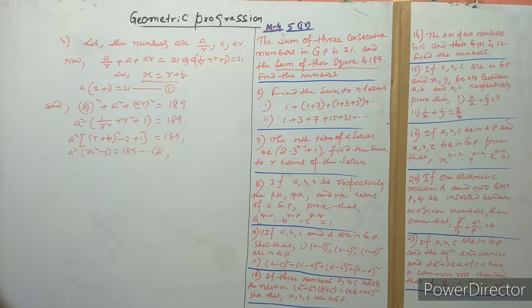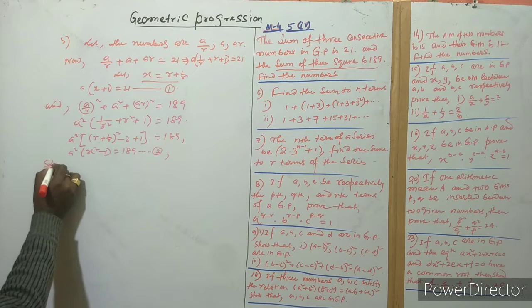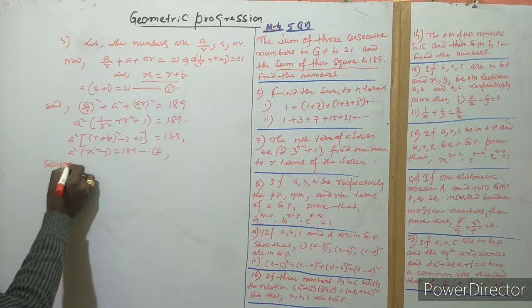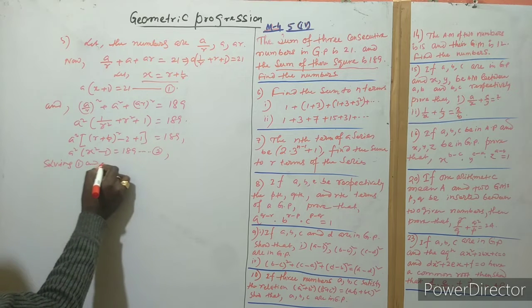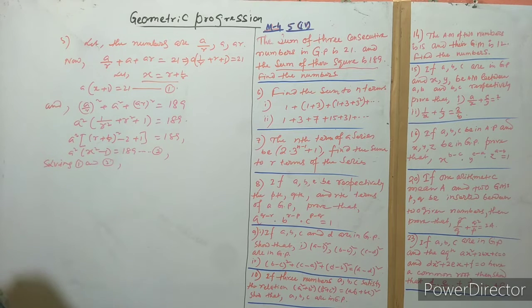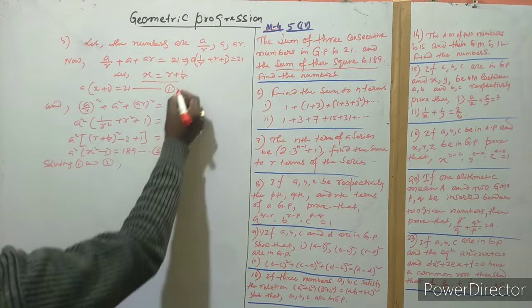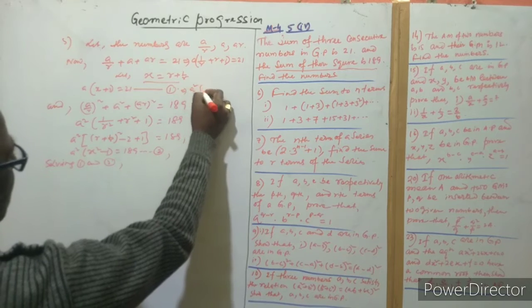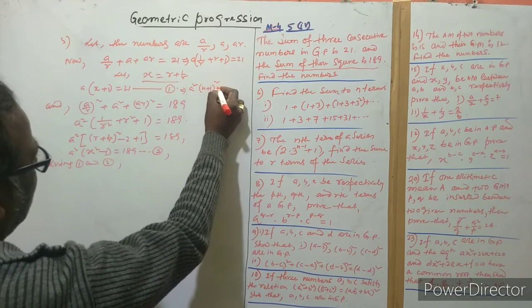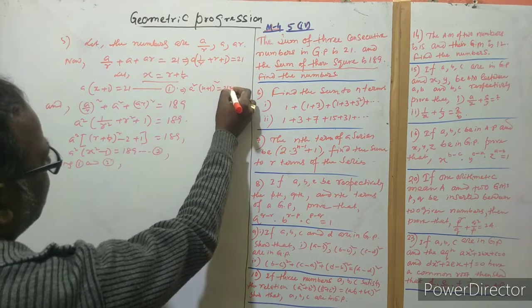Now solving 1 and 2. Here we are eliminating a, so we square equation 1, which gives a squared times (x plus 1) whole squared equal to 21 into 21.